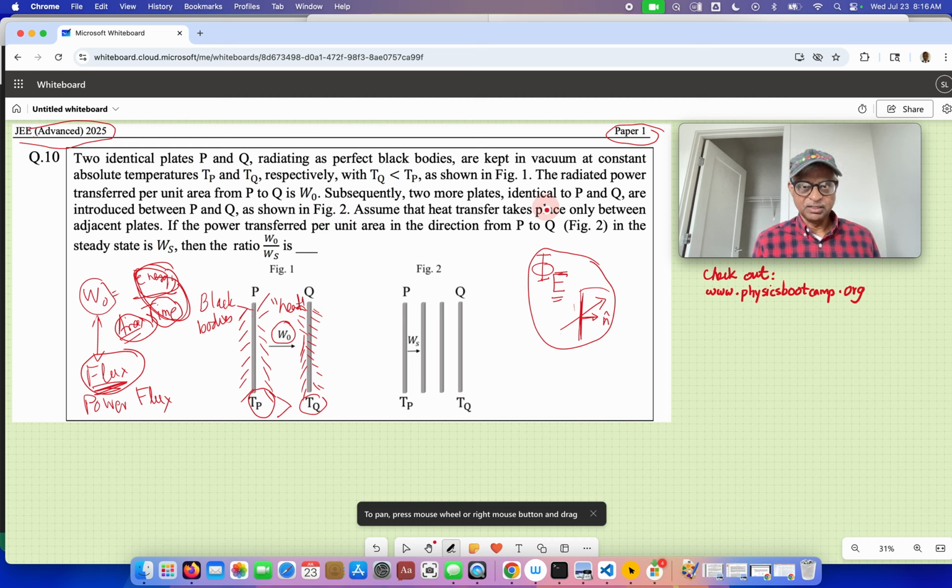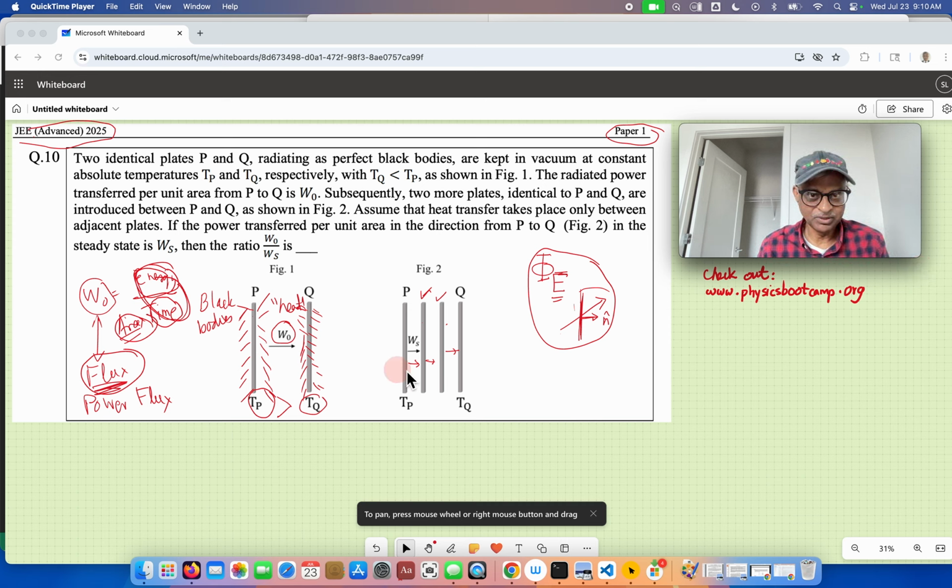Subsequently, in this second situation, you have two plates in between them. Now there will be power flux between these plates. So where were we? If you have nothing between them, this is the rate at which energy is being transported from this to here.